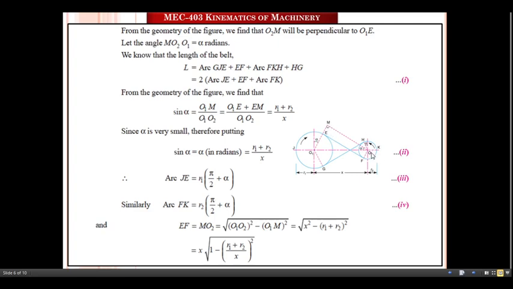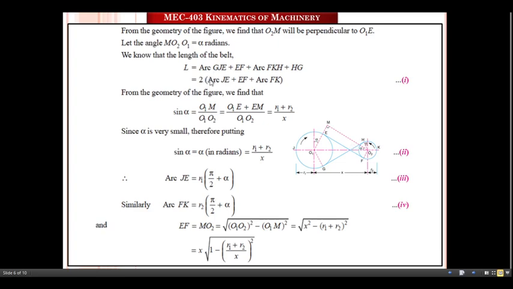So here O2M is drawn perpendicular to O1M, the extended O1E. Now let the angle MO2O1 be alpha. We know that the length of the belt is nothing but arc GKE plus length EF plus arc FKH.